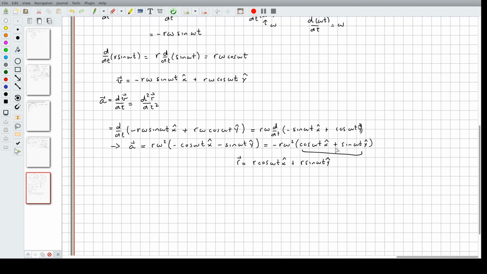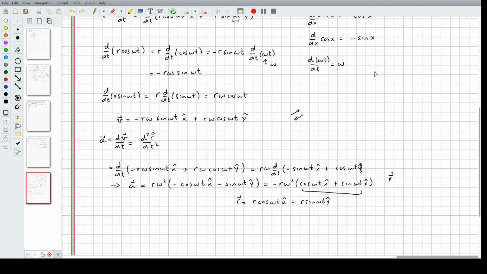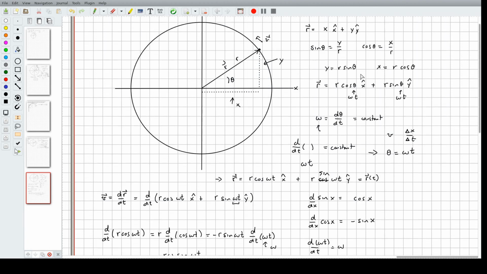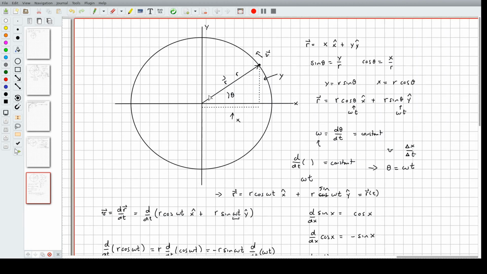So you see this, if I pull this r into there, this is just the r vector, like that. Okay, but there's a minus sign. And if you remember chapter 2, when we talked about what happens when you multiply a vector by a negative scalar, it reverses the direction. So what that tells us here is that graphically, you're locating your thing this way, but the acceleration is straight down r this way. So this would be the direction of your acceleration.